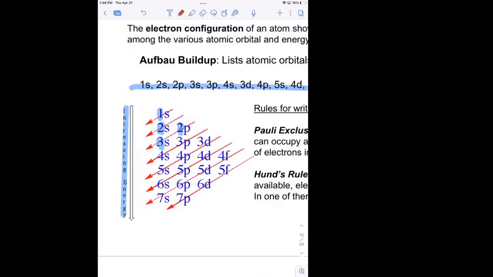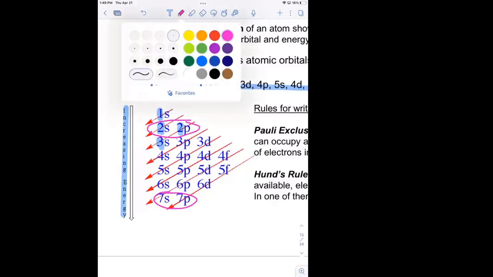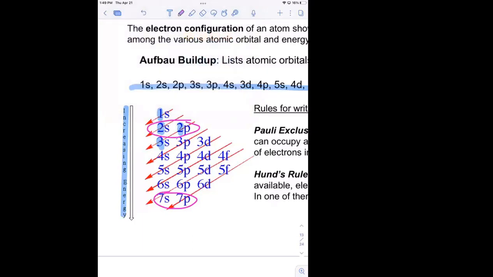Now I want you to notice the connection, so you don't spend your whole summer trying to memorize this, right? Notice the second energy level and the seventh energy level both have two subshells, s and p. The third and the sixth have three subshells, 3s, 3p, 3d, and then in the sixth, 6s, 6p, and 6d.